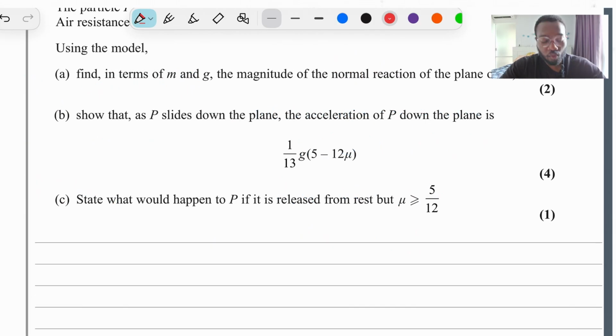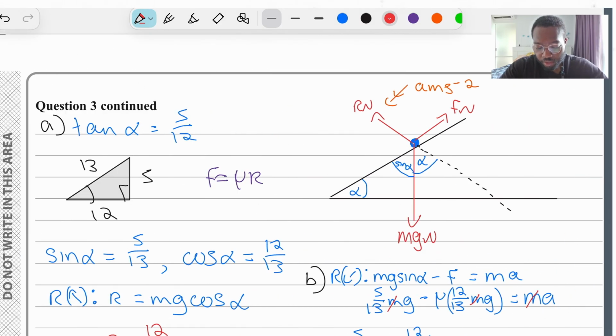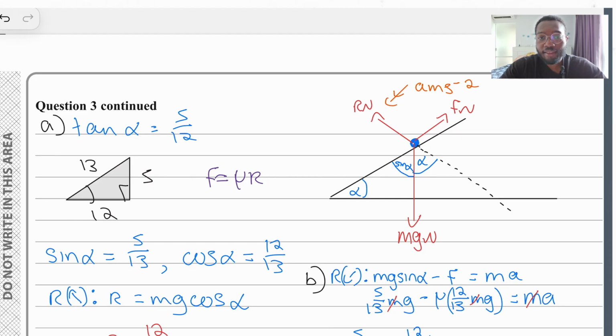So for part C, we need to state what would happen if P is released from rest, but mu is still greater than or equal to 5 over 12. For this question, we know that mu is less than 5 over 12. But if mu was greater than or equal to 5 over 12, then the friction would be greater than the downwards force, the weight.